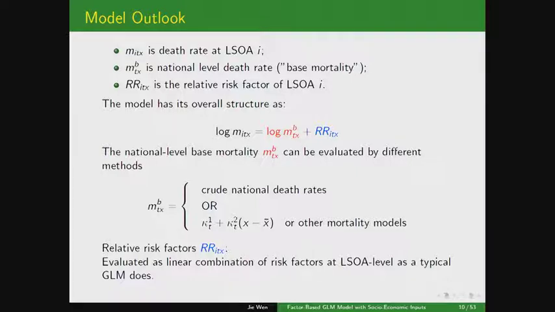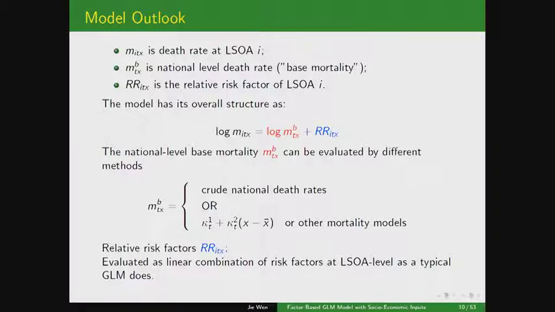And RR_ixt here means the relative risk factor of RSOE i. It describes how the RSOE level mortality varies over the national level.